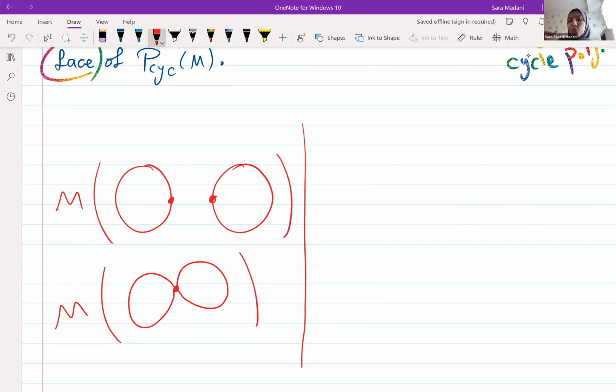We have the notion of connectedness for matroids, which I didn't tell you because I didn't want to use it here, but it has an easy definition. You can read it from the references. It doesn't mean that M is connected if and only if the graph is connected.